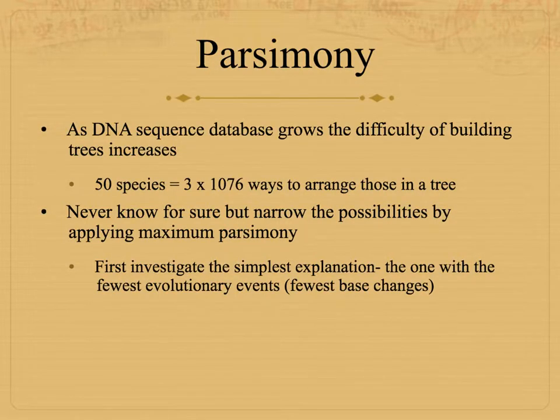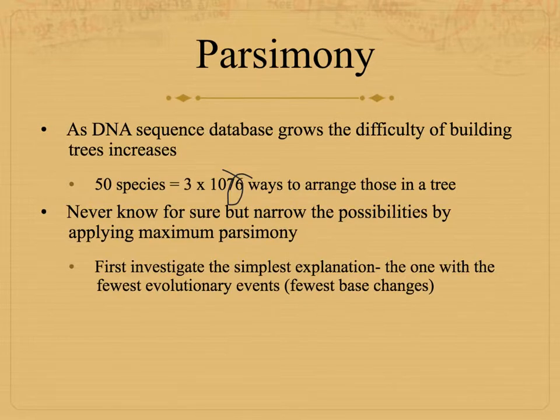One thing that we can talk about when we're trying to build these is parsimony. The more DNA that we study, that's awesome, but the bigger our database grows, and the more difficult it is to build these trees, these branching diagrams. If we are just looking at 50 species, we're looking at 3 times 10 to the 76th ways to arrange those organisms in a tree.